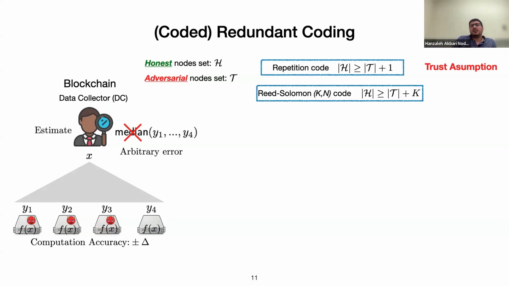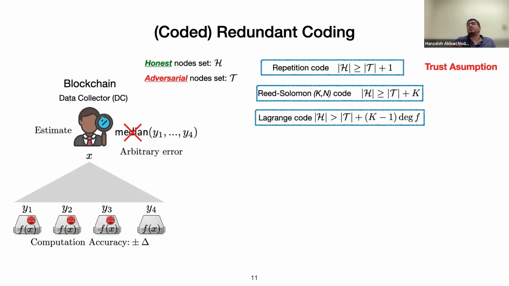You may ask, this is a very simple coding scheme, so let's try something more advanced, for example, Reed-Solomon codes. If we use more advanced techniques like Reed-Solomon codes and, for example, Lagrange coding, it's going to be worse. We need more honest nodes.